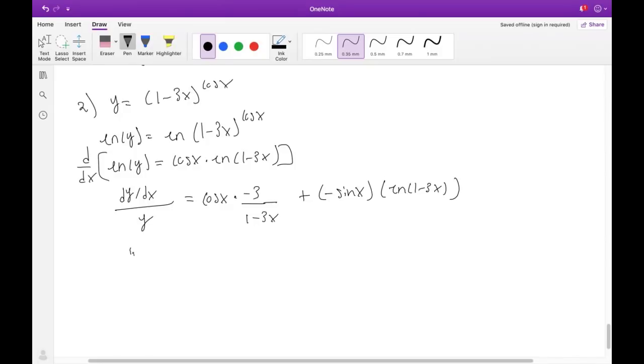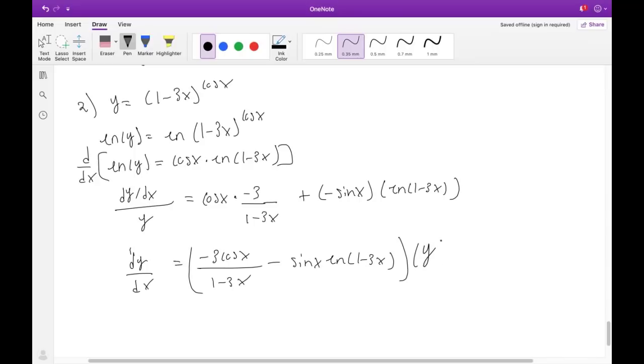So dy over dx equals -3 cosine of x over 1 minus 3x, minus sine x ln of 1 minus 3x. All of this multiplied by y.